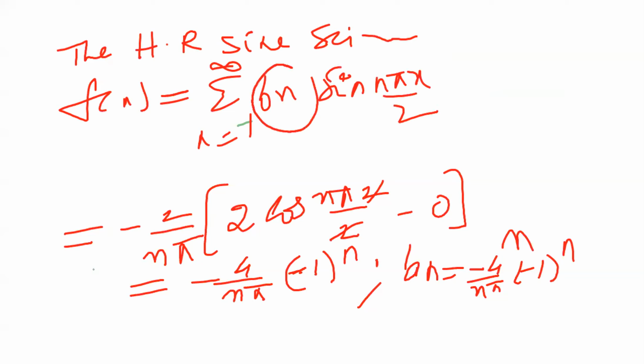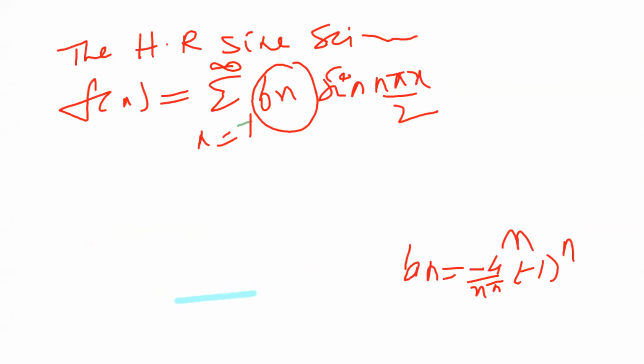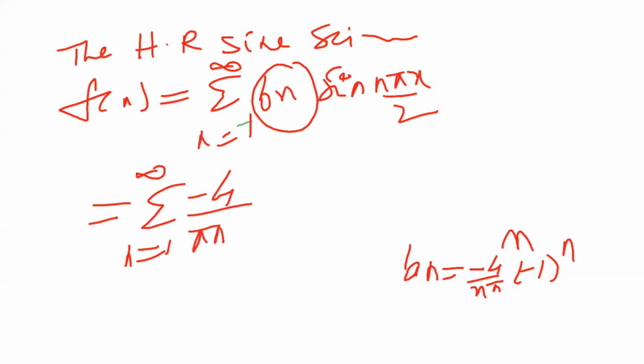So replace the Bn value that we recently found. Bn is minus 4 by n pi into minus 1 power n. So sigma n equals 1 to infinity minus 4 by pi n into minus 1 power n, multiplied by sine n pi x by 2.